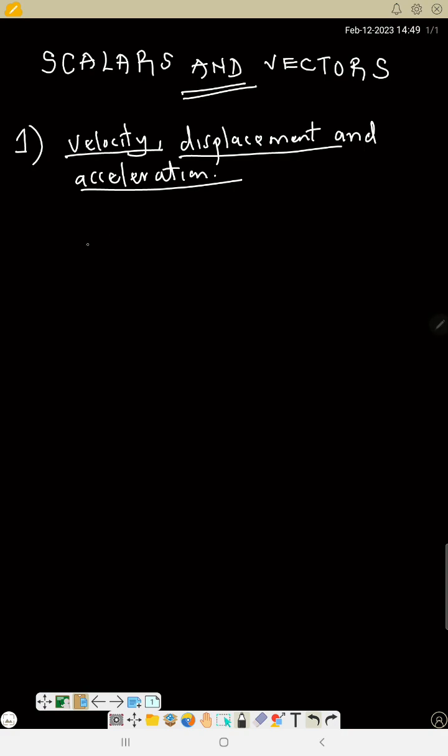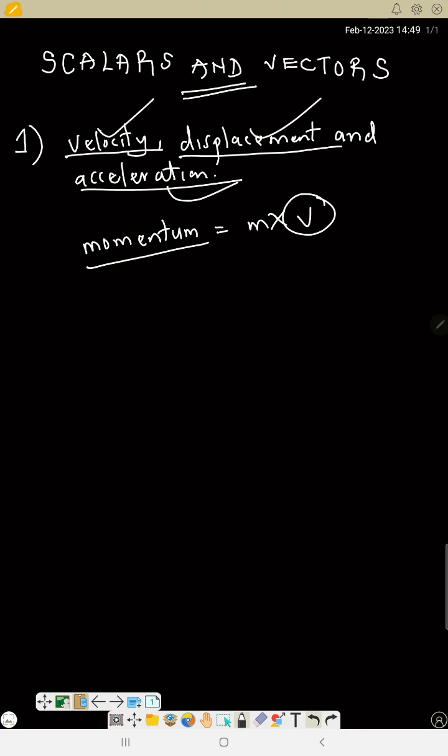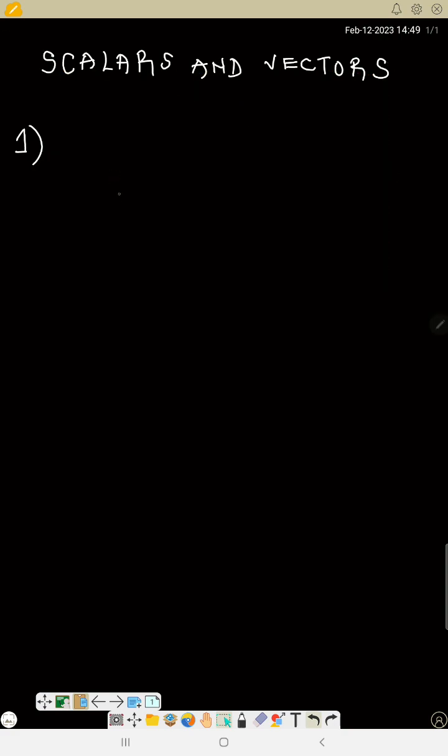What is momentum? Momentum is mass times velocity. So far velocity is in the formula, so momentum is a vector quantity. Velocity is a vector, displacement is a vector, and acceleration is a vector. Also, what is force? Force is mass times acceleration. Because acceleration is there, force is a vector quantity, so that will be the second point.